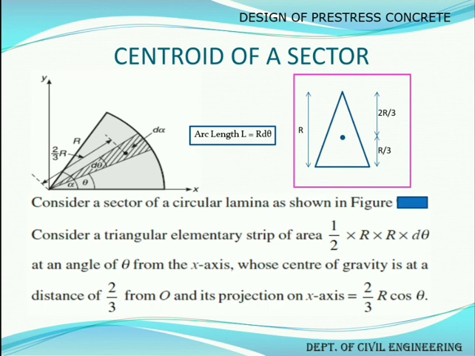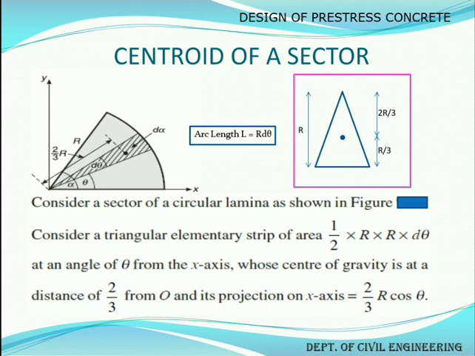So firstly, what is a sector? It is an elemental area of a circle which subtends an angle equal to alpha with respect to the axis under consideration. When we take a semicircle or a quarter circle, the angle is well defined.